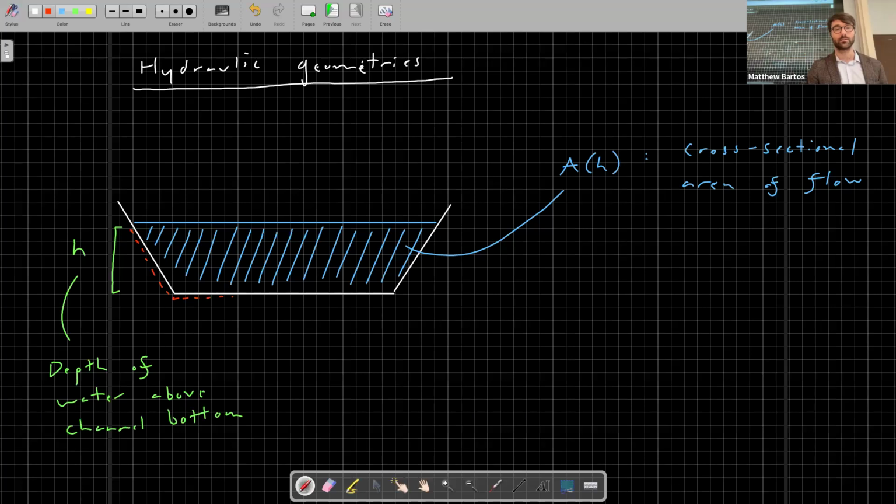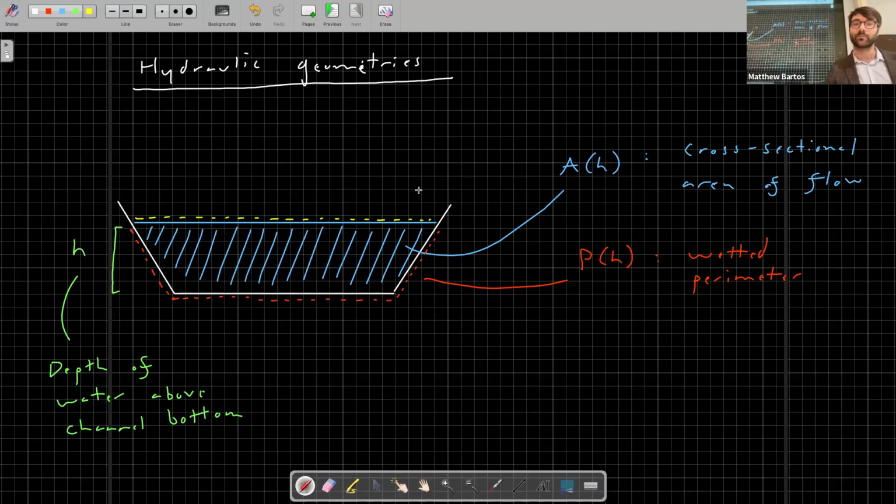So that would be this perimeter here. It does not include the top. It only includes the perimeter that is in contact with the water. So P of H is our wetted perimeter. Again, this is a function of the depth of water in the channel. A third important hydraulic geometry we're going to need to know is the top width, T of H.